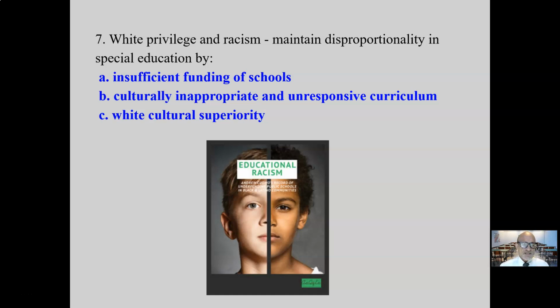This is the history that I think is important, you should think it is important too. You should assimilate, you should be like us. That is white superiority. These things create a culturally inappropriate and unresponsive curriculum and maintain disproportionality.